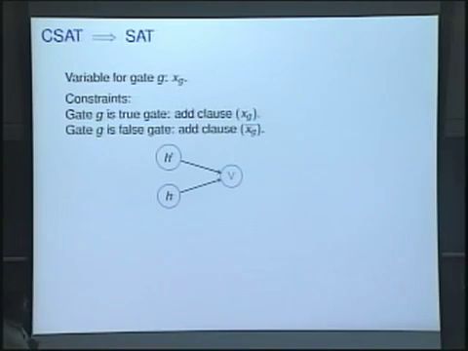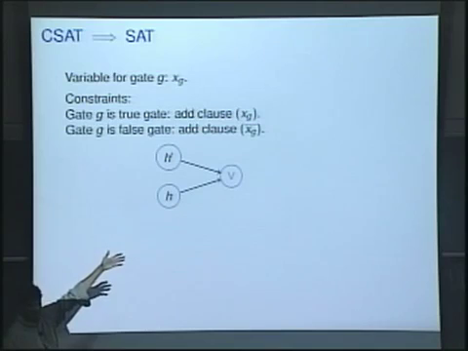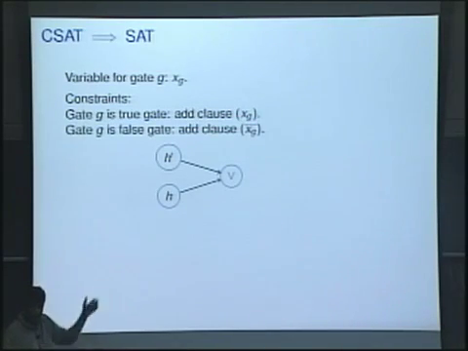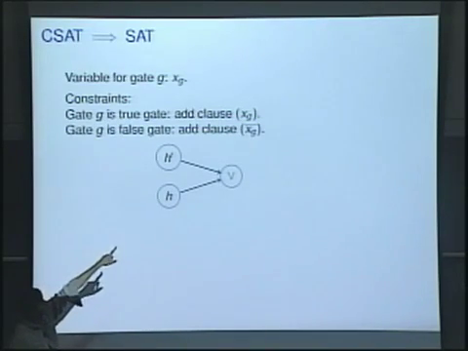Just like the linear programming construction, for each gate I'm going to introduce some set of clauses. Those clauses tell me that the gate is operating correctly. For a true gate, I have a variable x sub g, and I have a clause x sub g.